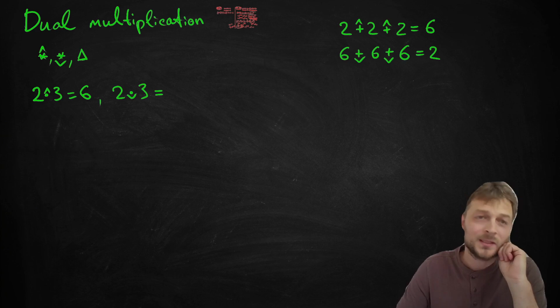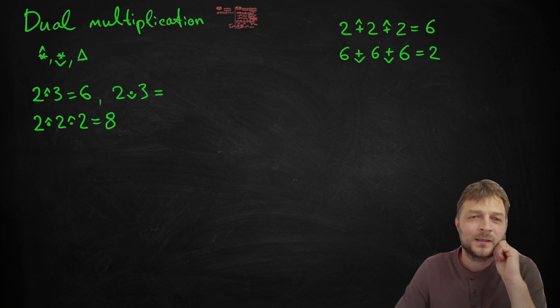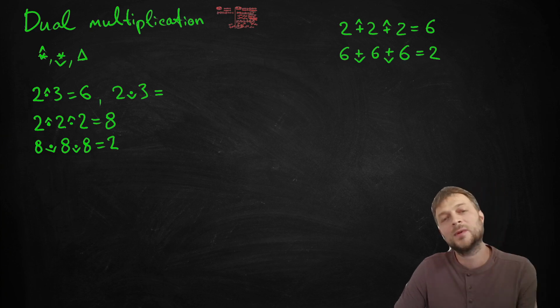So let's see how it looks from the perspective of multiplication. 2 multiplied by 2 multiplied by 2 equals 8, but we want 8 triangle 8 triangle 8 to equal 2. And this will be our basis.